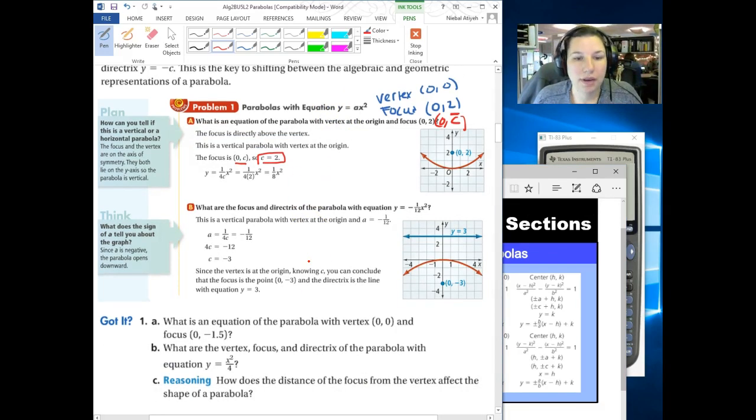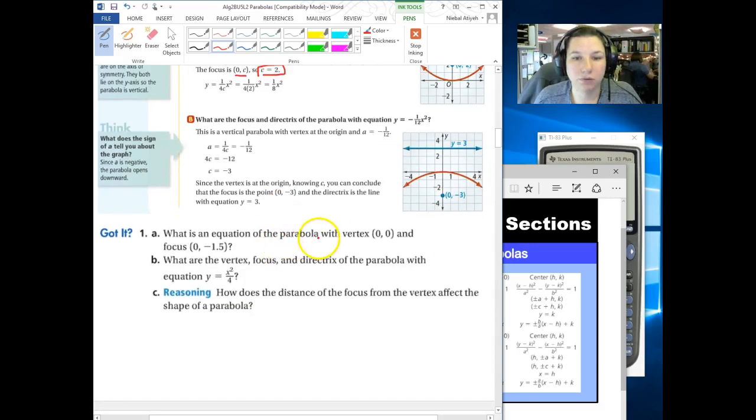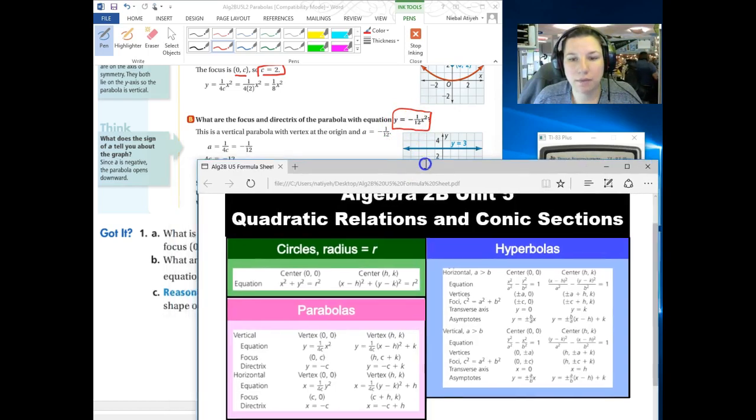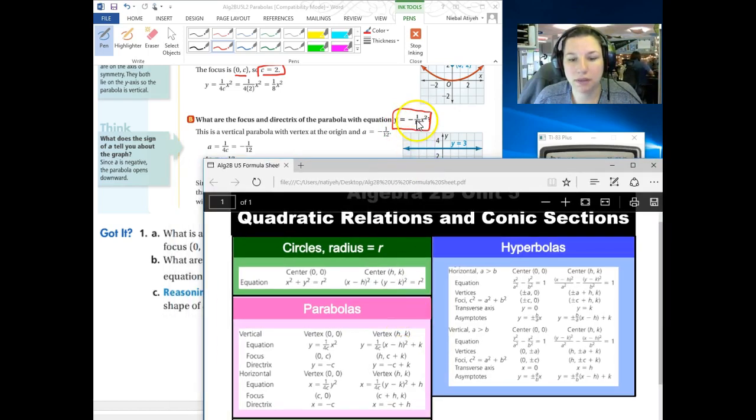Okay. Now the next step is finding a focus and a directrix. So here they give you the equation. If I look at my formula sheet for this equation, you can get some information from it. Because it's in this form, I know that the vertex is at 0, 0.